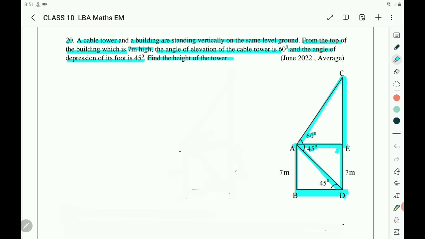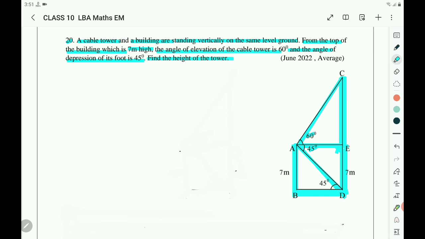Angle AED is equal to 90 degree because the tower is perpendicular to the building. Therefore, consider the right angle triangle AED. To find AE, here ED is given. That is AB and ED are equal, that is 7 meter.